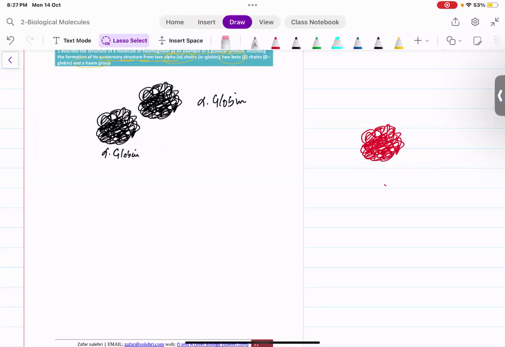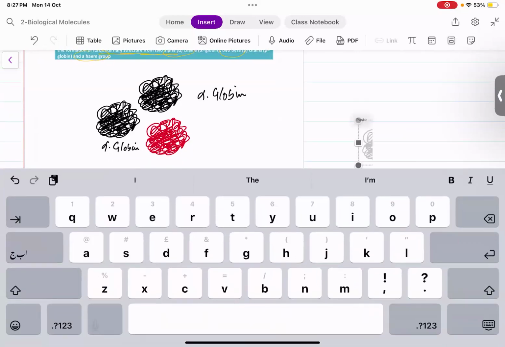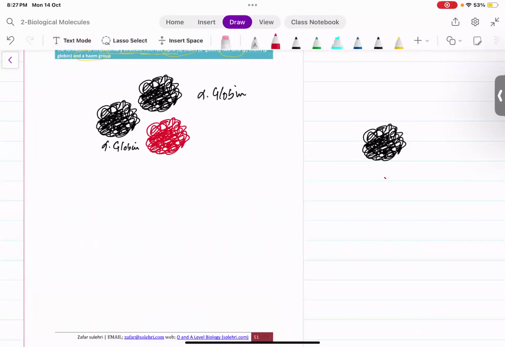So this one is a beta globin. And we have another beta globin. So this is how four polypeptides are there in this hemoglobin molecule.